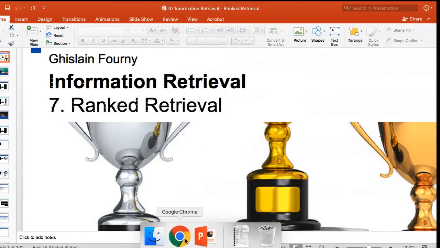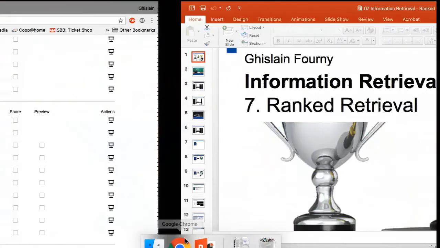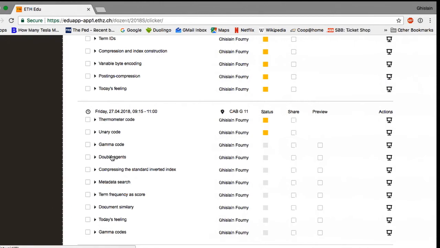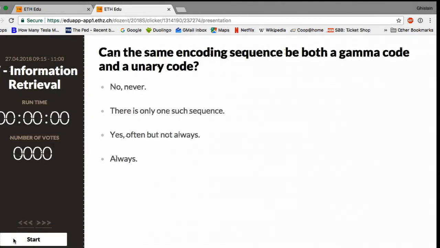Let me throw a few more questions at you. Can you catch an encoding sequence that is both the gamma code and the unary code? Does it never happen? Does it always happen that they can be interpreted as both? Is there only one, or is there a couple of them, but not always?